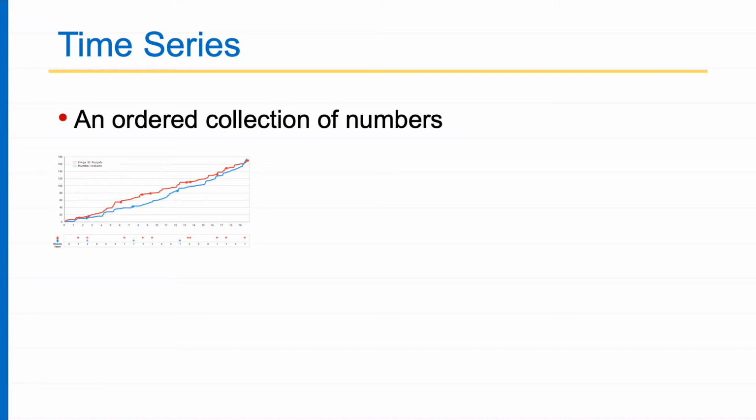Fourth ball, there was a 6, so total became 9. In this way, the score is increasing. But if you see the sequence of how the score is increasing with every ball, this is an ordered collection of numbers. So that is one kind of time series.